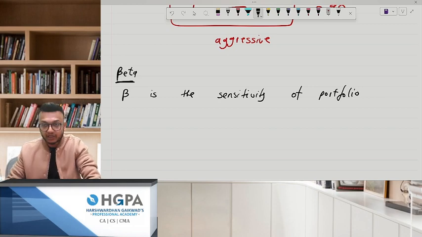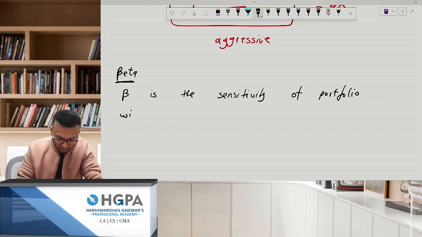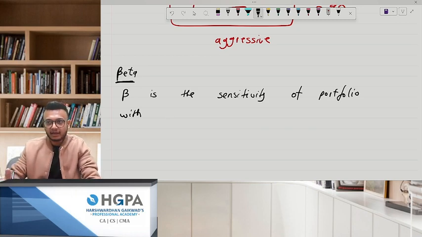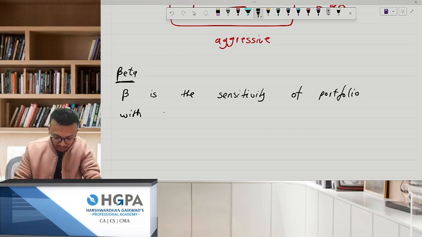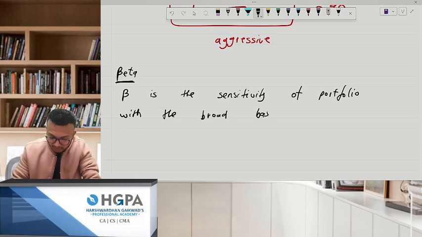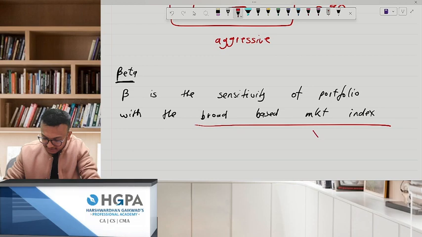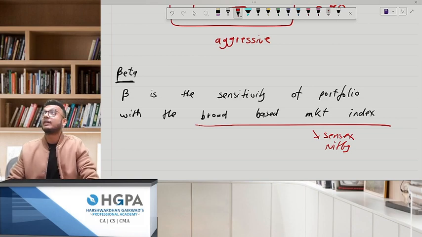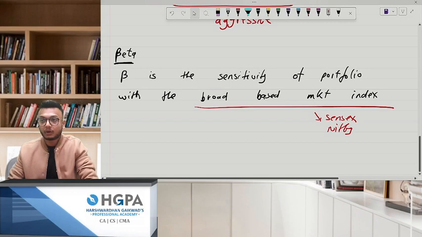Beta is the sensitivity of portfolio with, so I'll not write market, I'll write a more sophisticated word, with the broad based market index. Don't get confused by this. This only means Sensex and Nifty. Beta is the sensitivity of portfolio with the broad based market index.